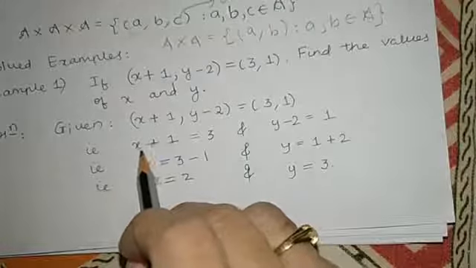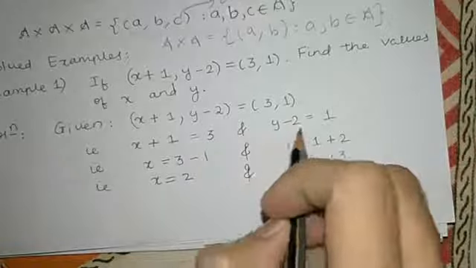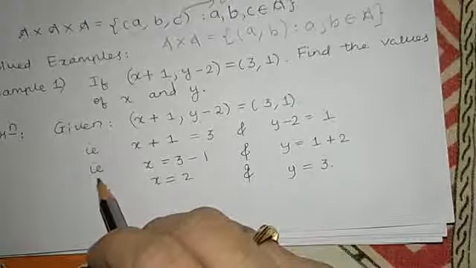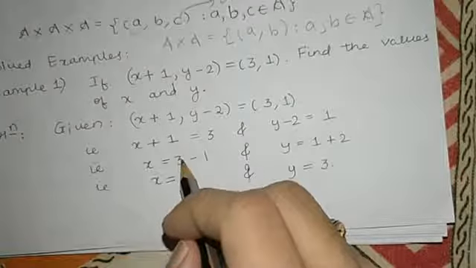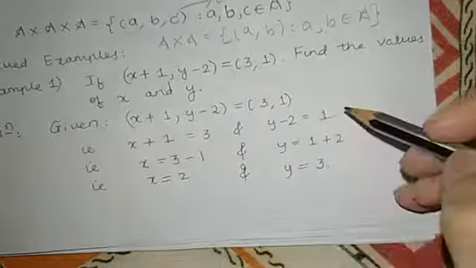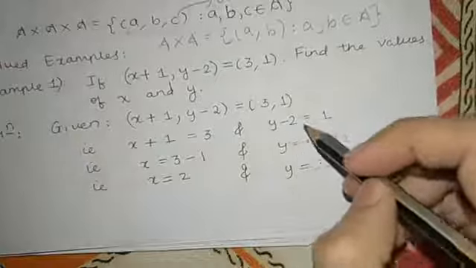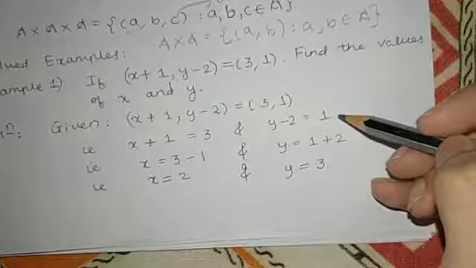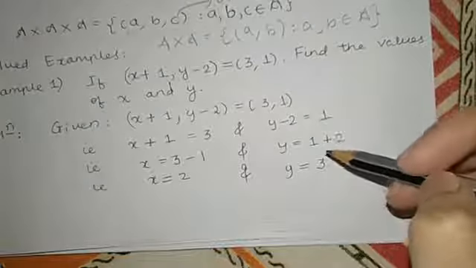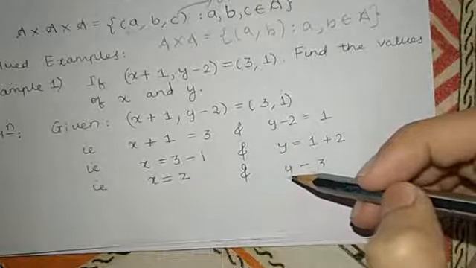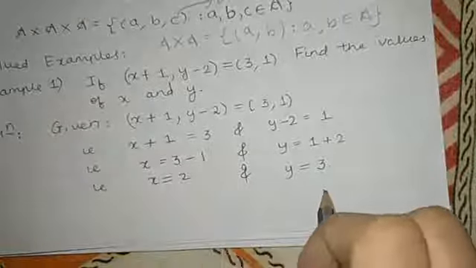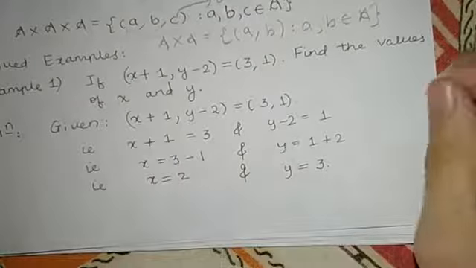Solving for x, x is equal to 3 minus 1, that is x is equal to 2. Similarly, y minus 2 is equal to 1, so y is equal to 1 plus 2, therefore y is equal to 3. So you have found the values: x is equal to 2, y is equal to 3.